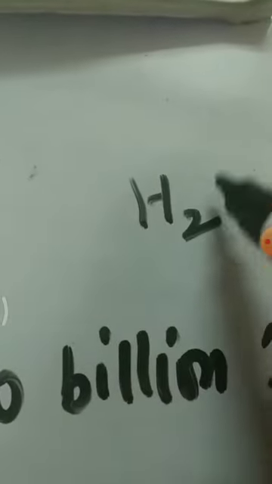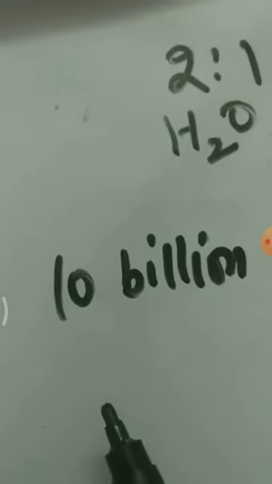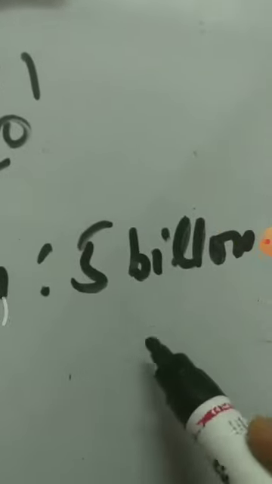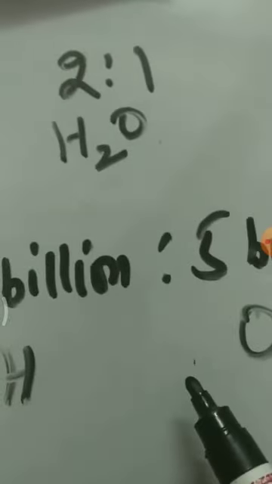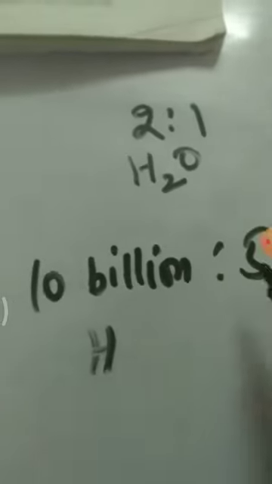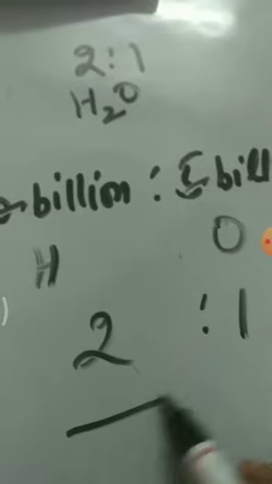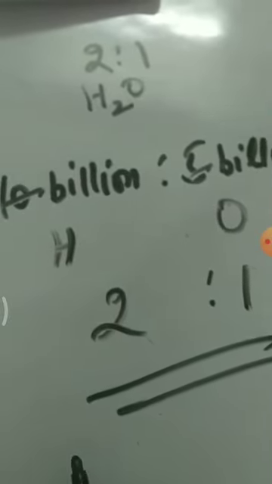We know the formula of water and the ratio is 2:1. They have given in your book that 10 billion hydrogen will require 5 billion oxygen. The atomic ratio of elements in a compound will be the same. You will cut it and find out that it is 2:1. Clear?